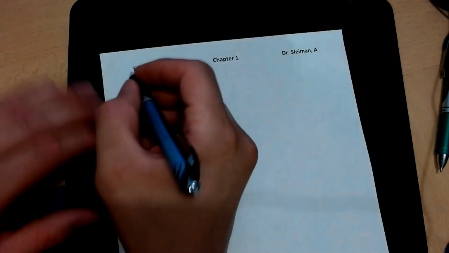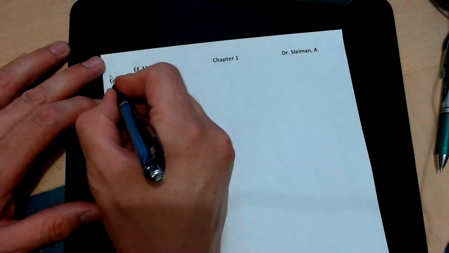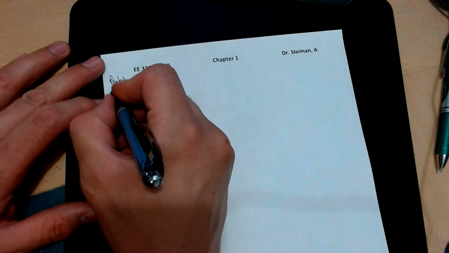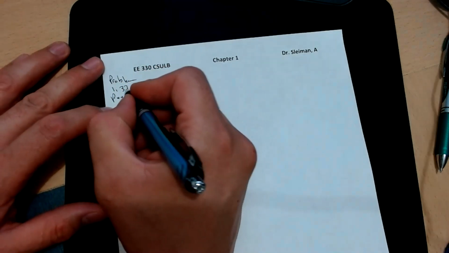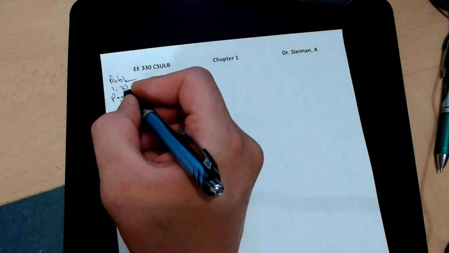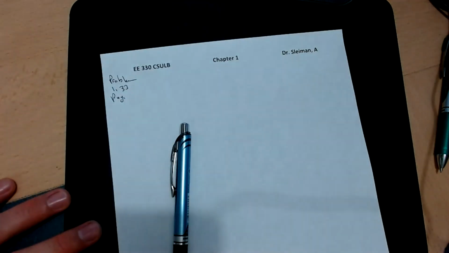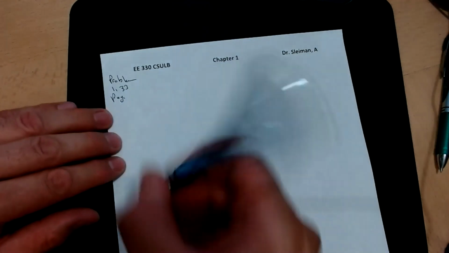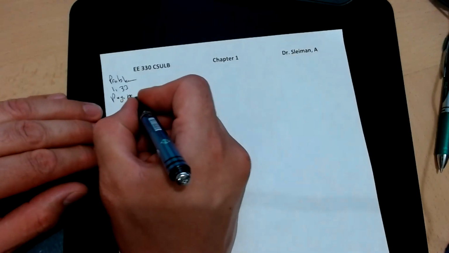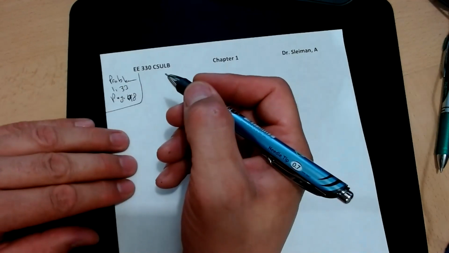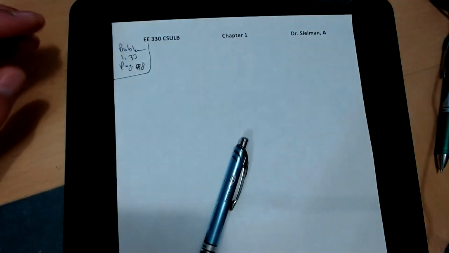So let's solve problem 1.33 on page, what page? Page 98, sorry. So let me share the screen with you.